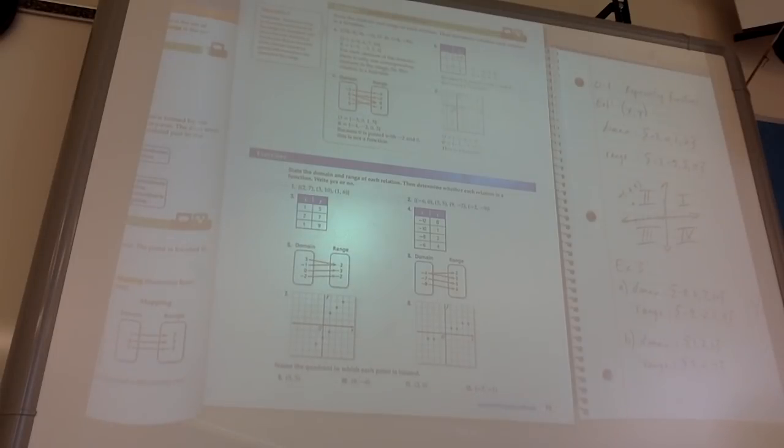Now it wants to know, is this a function or not? And the best example I could give is kind of the traditional sense of marriage. In a marriage, obviously, one person is married to another person. And so in this instance, if X is married to 2 different numbers, so this X is 1 and it's married to 3 and to 4, that would cause some dysfunction in that family, I would imagine.